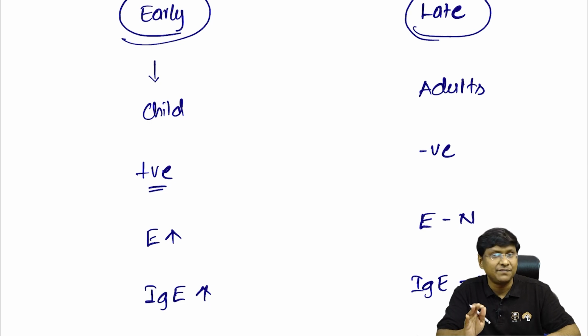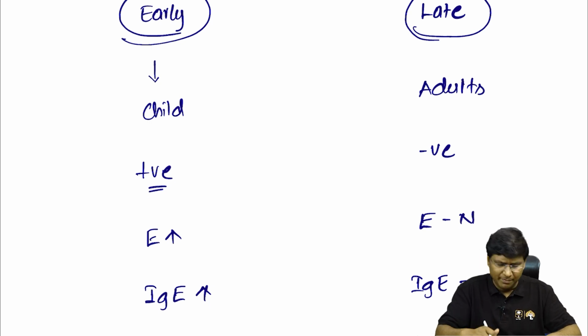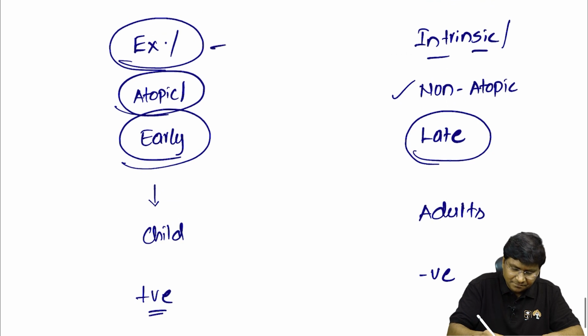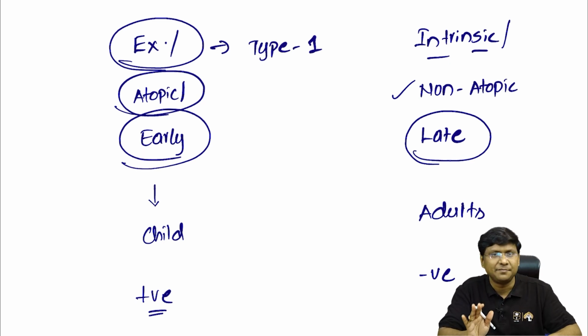And as such, if you take asthma, mainly the extrinsic asthma, which is allergen associated, it is a type 1 hypersensitivity reaction, right? There are many precipitating factors for the development of asthma.